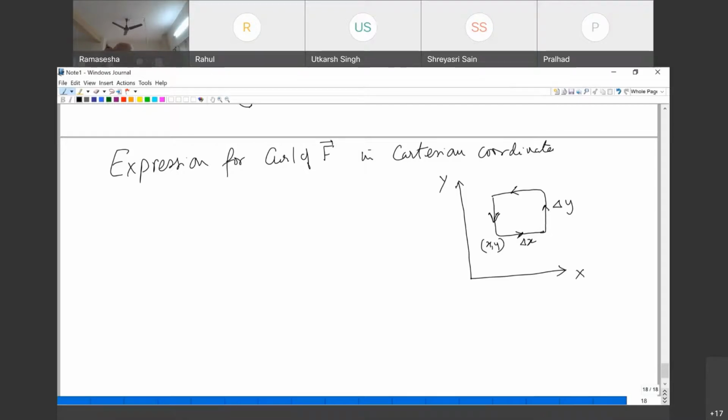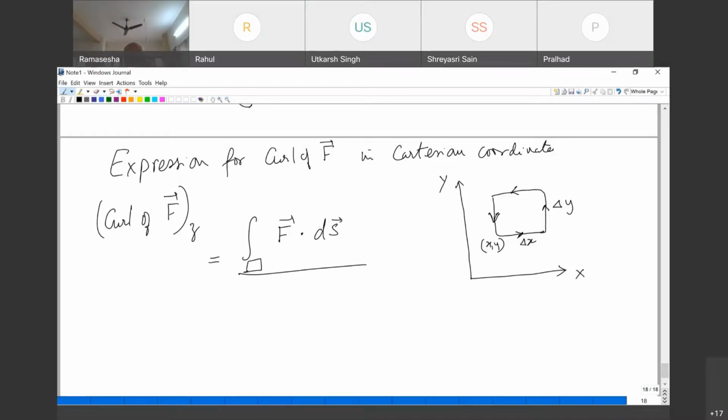Okay, what is curl F in the z direction? It is equal to the integral along the square of F dot ds, I've always used s for length, divided by, what is the area of the square?